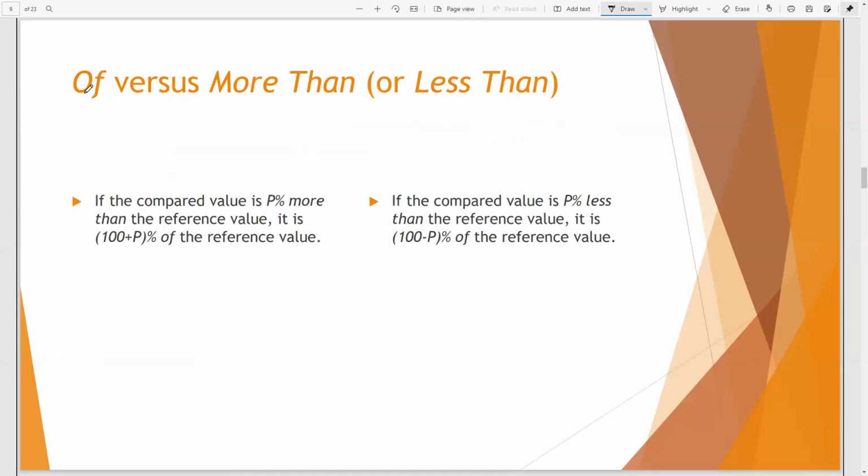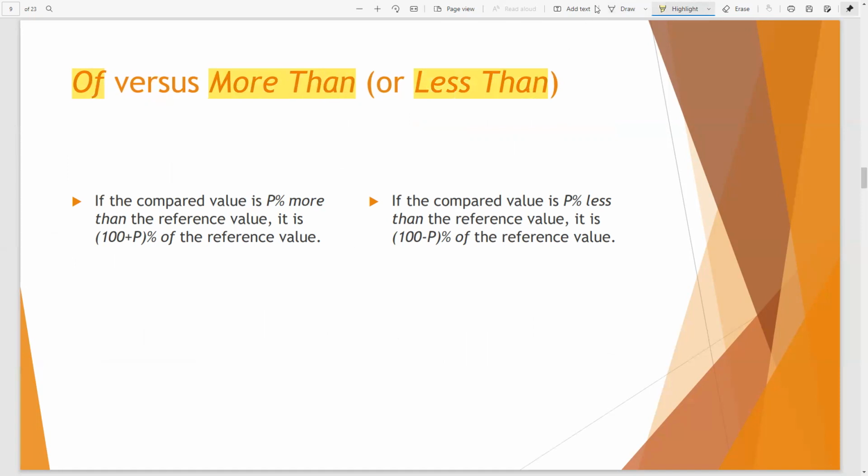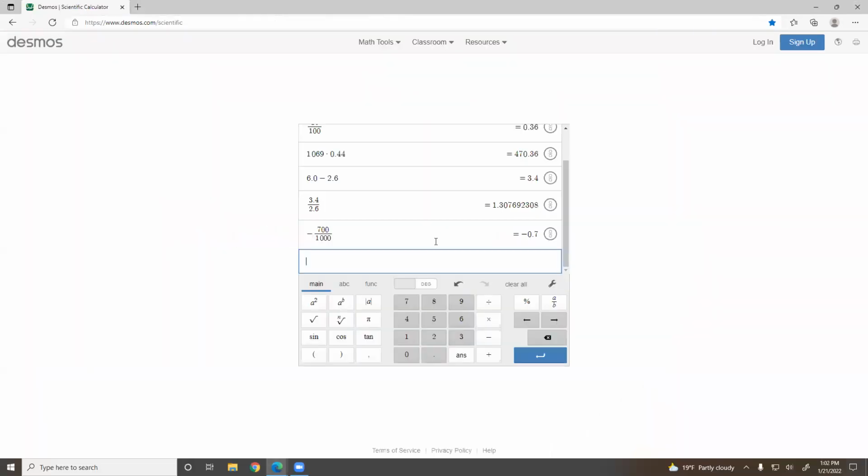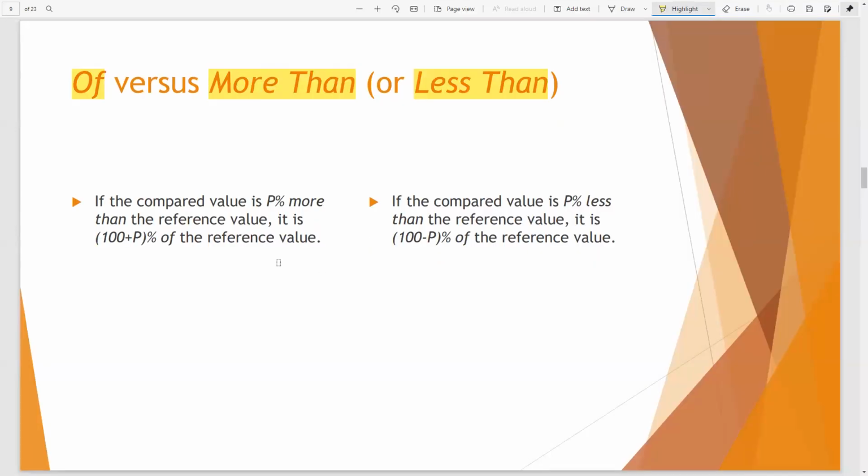And we see other things, right, like "more than" or "less than." We saw "of" before, in our relative change, the first question we saw was like 44% of the total, right? But here we have "of" versus percentage.